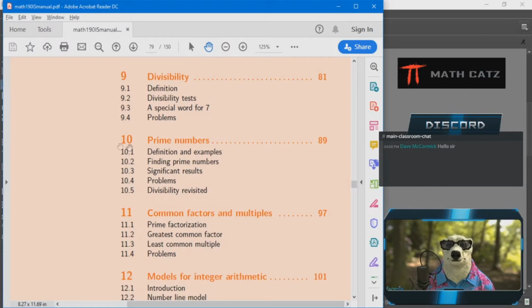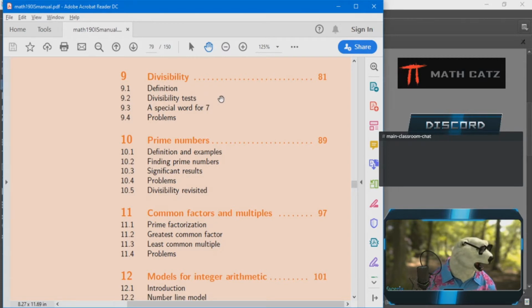Okay, so our main focus is chapters 9 to 11. Are there any questions on these? Now, in the book, especially chapter 9, we do explain why the divisibility tests are what they are.